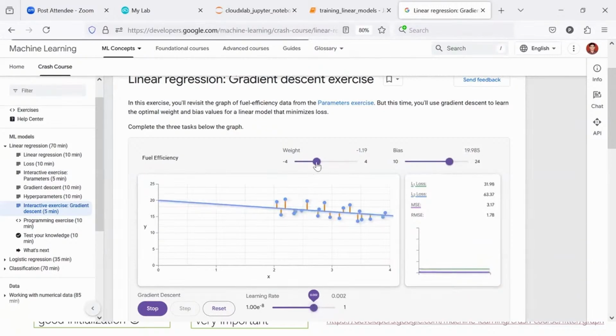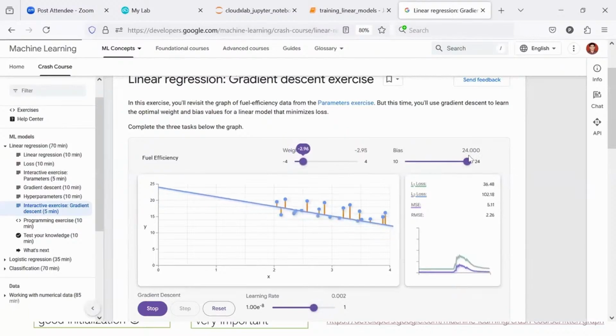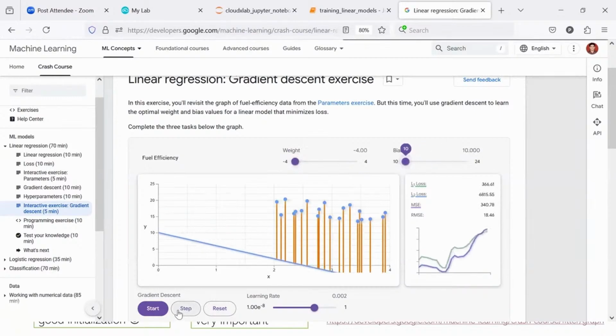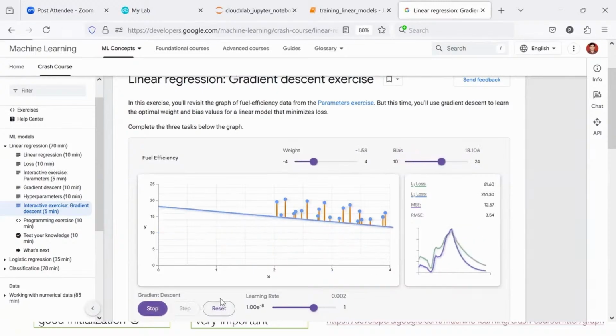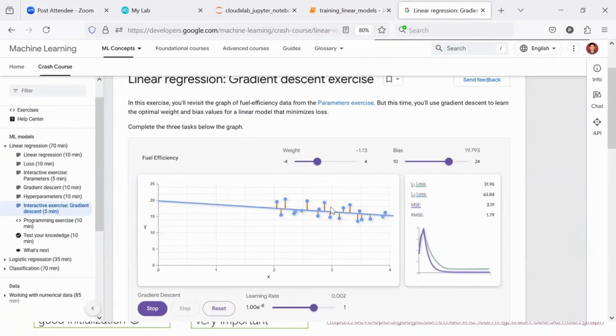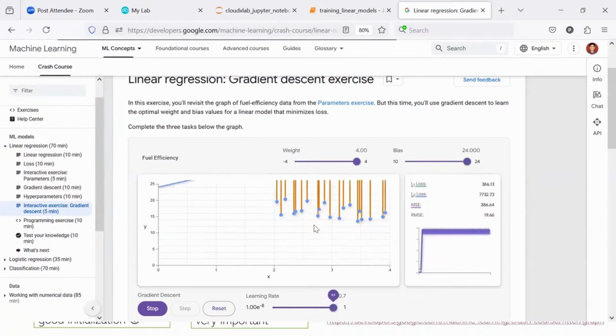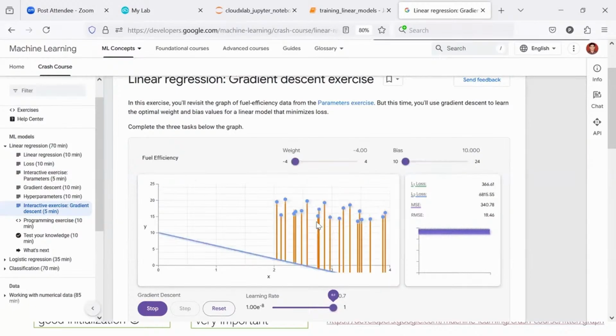If you use 0.002, then within very few iterations you are able to reach the optima position, right? But if you choose a very high value of learning rate, now you are oscillating around the optima position, right?